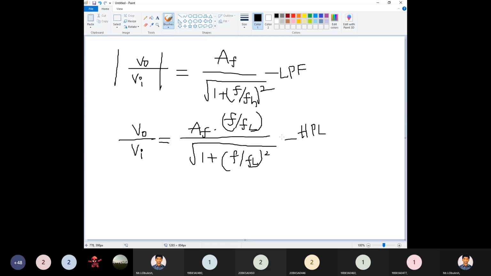So the overall wide band pass filter gain is the product of two gains. AFT is equal to A1 into A2.